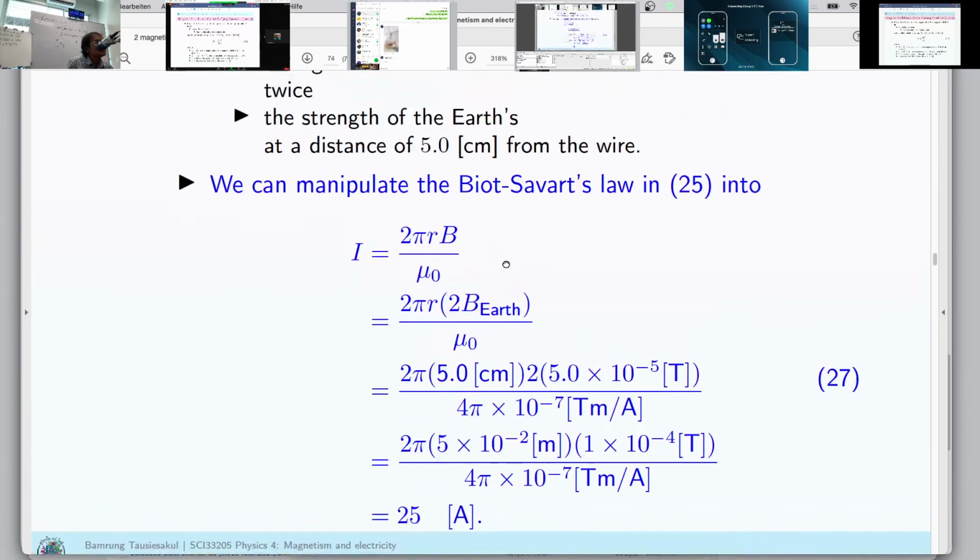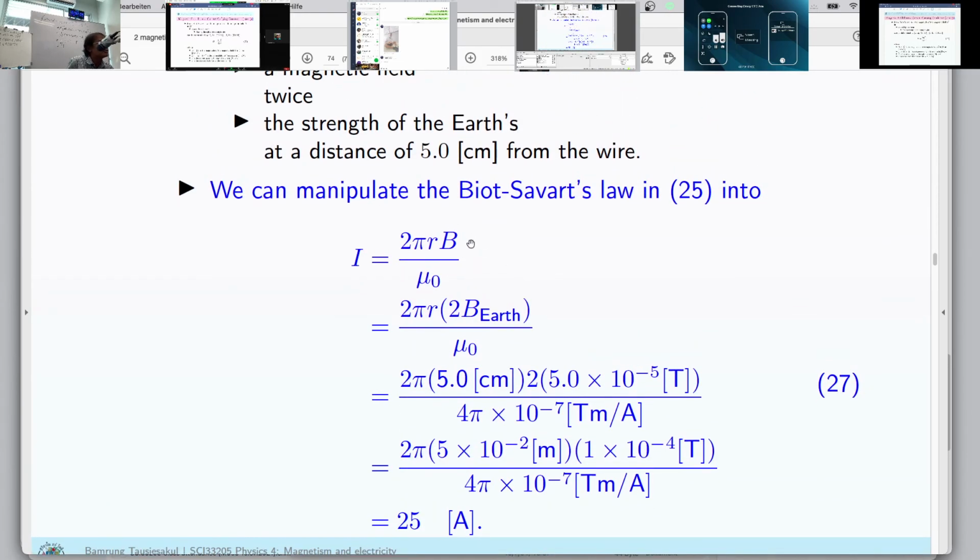In order to substitute the value of B, they say twice, so we will leave the portion B as 2 times B Earth. This is the variable of the magnetic flux density on Earth, and it's 50 microtesla.